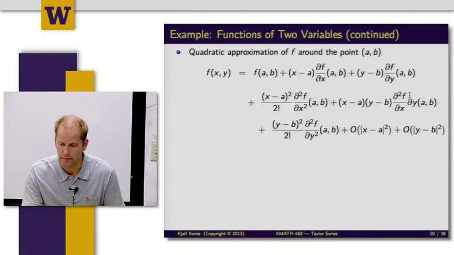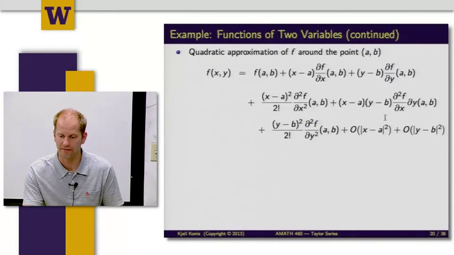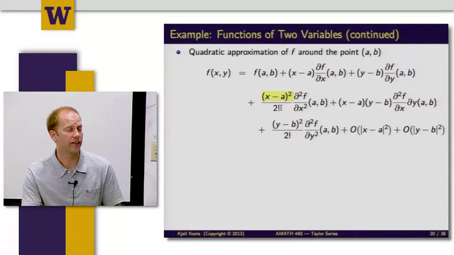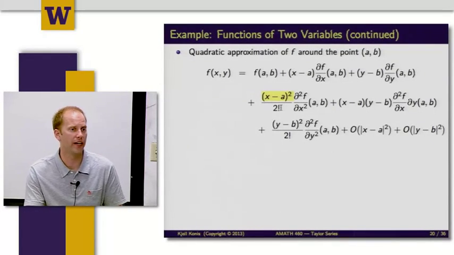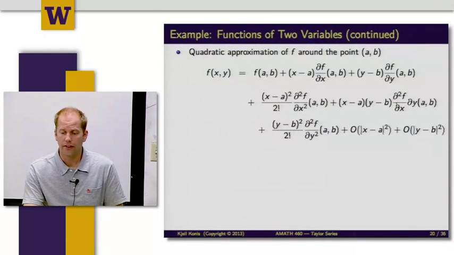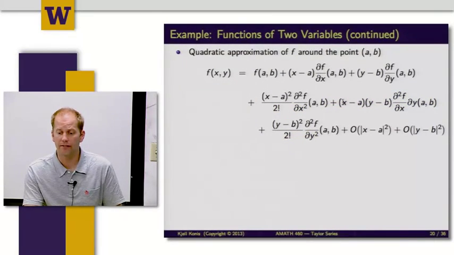Oh dear, I forgot one of my derivatives in the fraction. So I have (x minus a) squared divided by 2 factorial. So I need to have this 2 factorial in the denominator because that's the definition of the Taylor polynomial. And then I need to multiply that by the second derivative of f with respect to x, evaluated at the point (a, b). For the cross term, I have x minus a times y minus b.